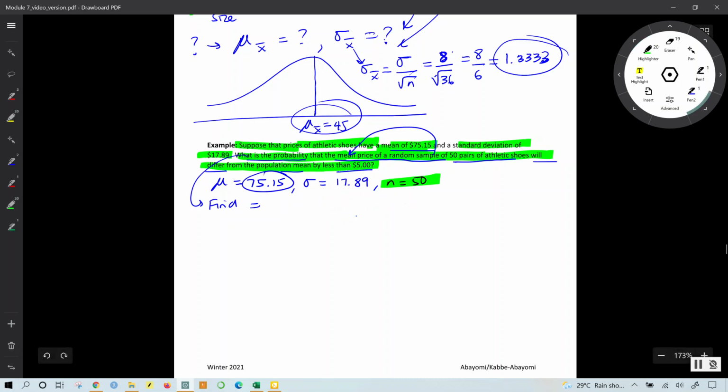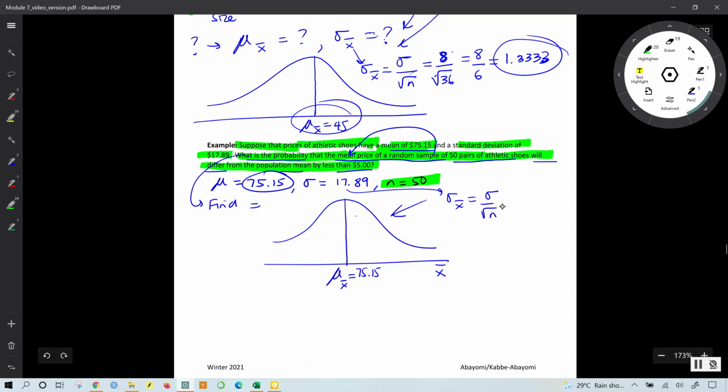So for the sampling distribution of all the sample means x bar, I am allowed to use the normal distribution. And what that means is that the mean of x bar will be exactly equal to 75.15, and the standard error will be sigma divided by the square root of n.